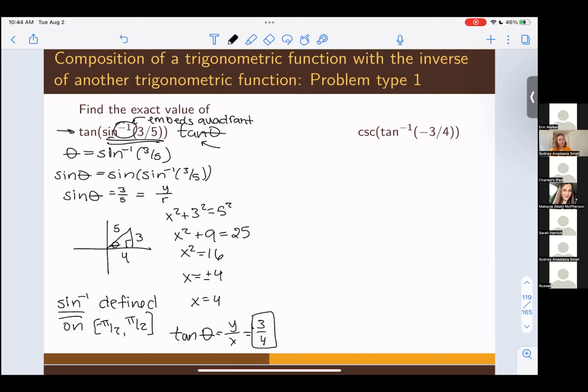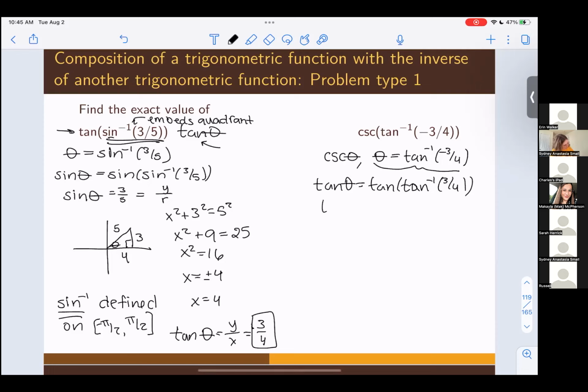So let's solve this piece real quick and see if we can draw our triangle. Taking the tangent of both sides, because inverse functions undo one another, and unwrapping that, it's just the tangent of theta is negative 3/4. All right, let's draw this picture.